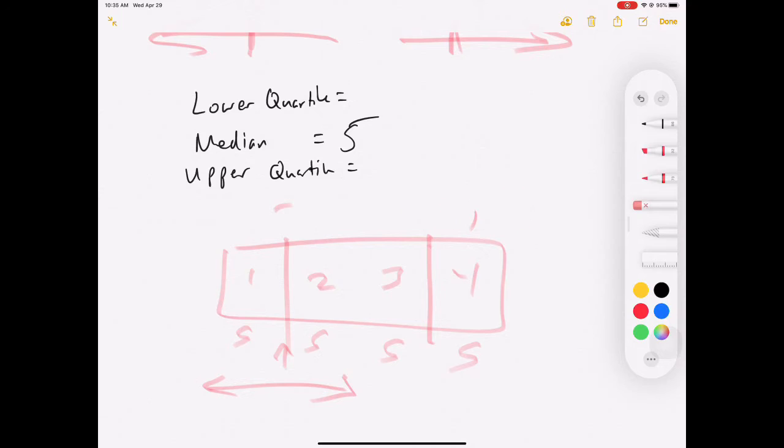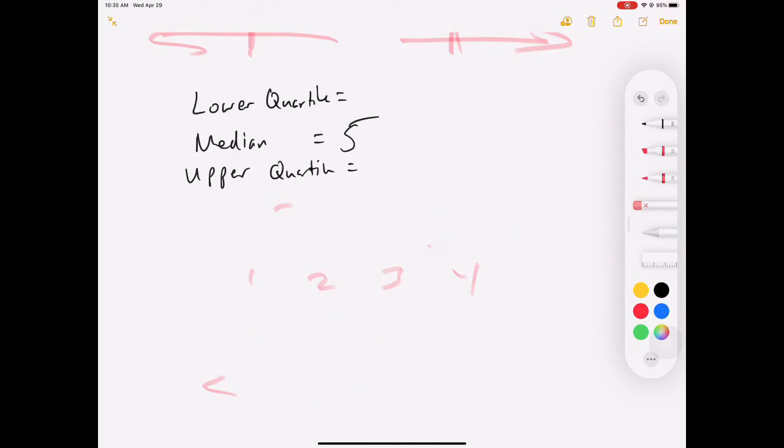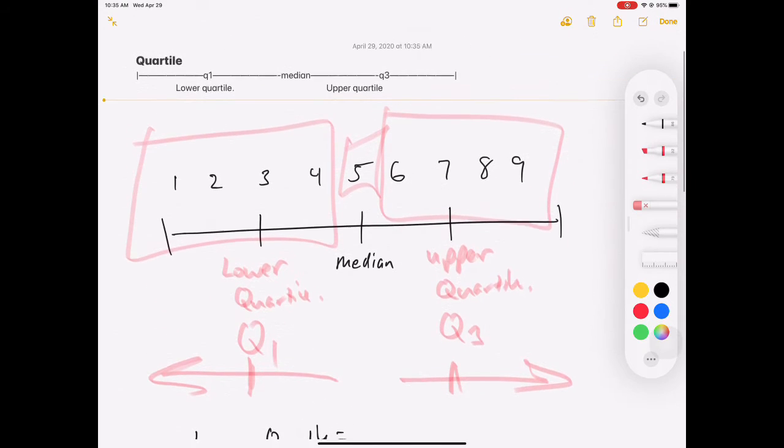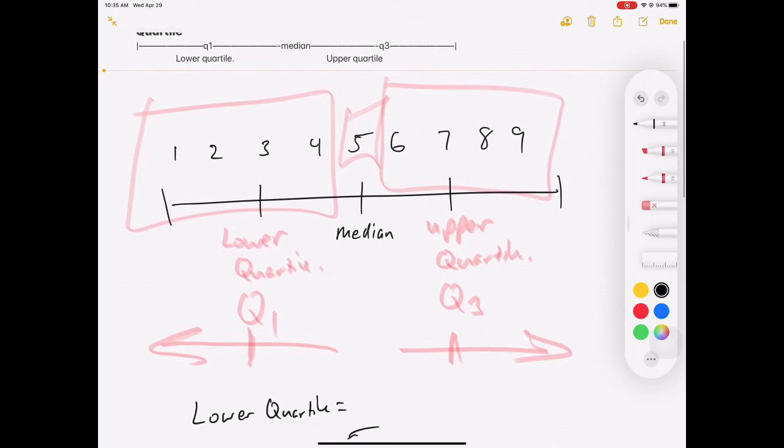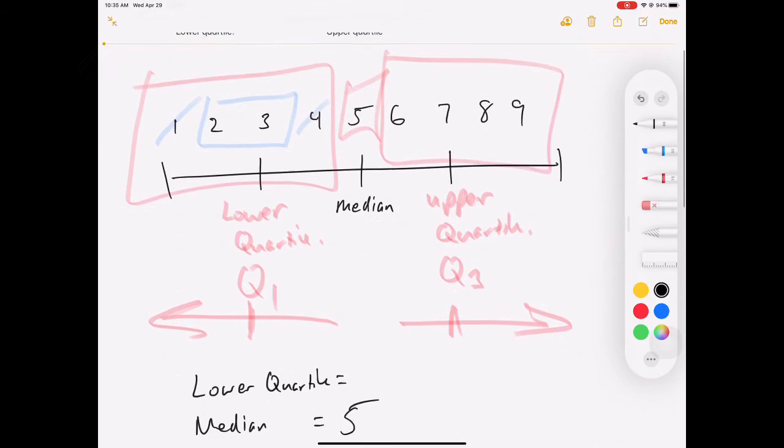And our idea here is, how can we break this up in a nice, easy way to have all our values broken up into 4 sections? Well, let's go ahead and count that left side. To find the middle value here, let's do our crossing out like we did before. 1, 4, and we're left with 2 numbers. How do we find the median of those 2 middle numbers? Well, we do that by adding and then dividing by 2.